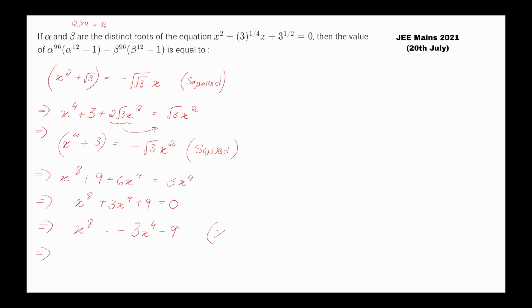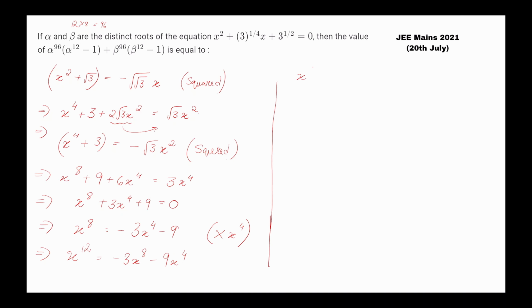What I'll do is I'm multiplying x to the power 4 on both sides so that this x to the power 8 can be converted into x to the power 12. So I'll get x to the power 12 here. I would have 3x to the power 8 here minus 9x to the power 4 here. And if I take minus 3x to the power 4 common from this equation, what am I going to get?